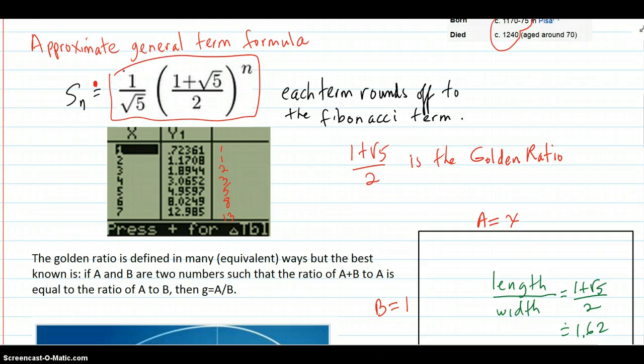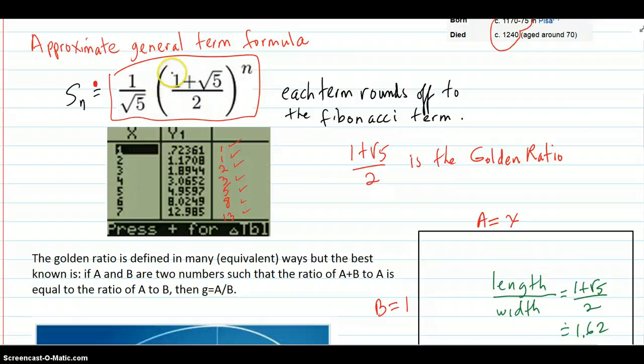And if you put that into Y1 on your calculator and do a table, you'll see that every decimal number here rounds off to the Fibonacci number. 1, 1, 2, 3, 5, 8, 13, on and on forever. So that will actually work.